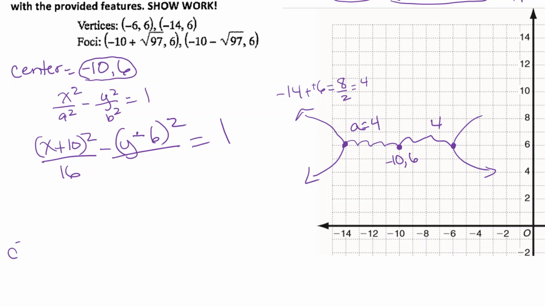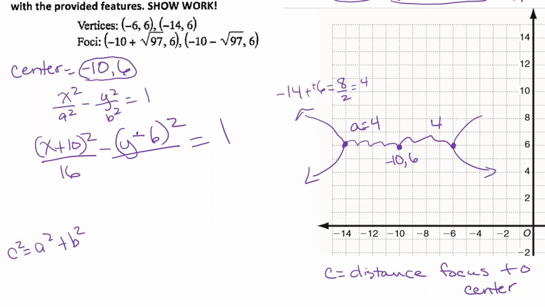Now, I know the relationship c squared equals a squared plus b squared, and c tells me the distance from the focus to the center.